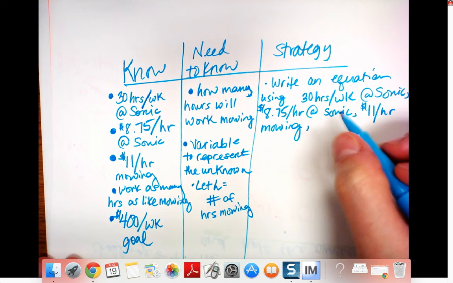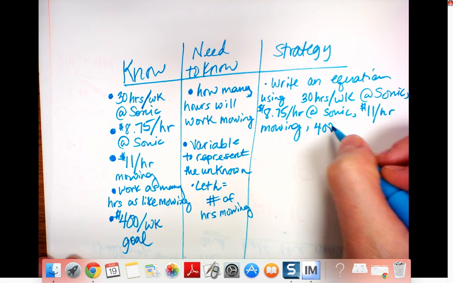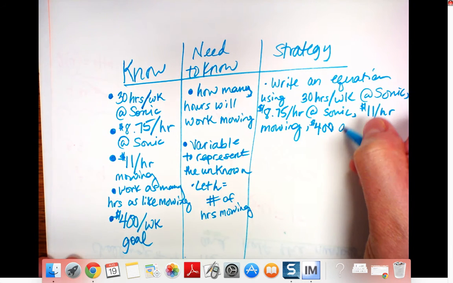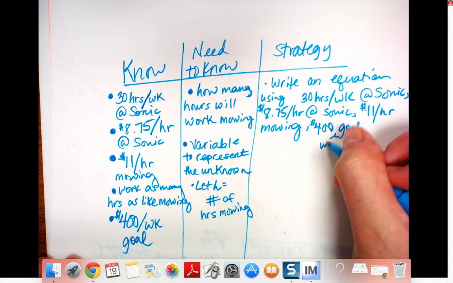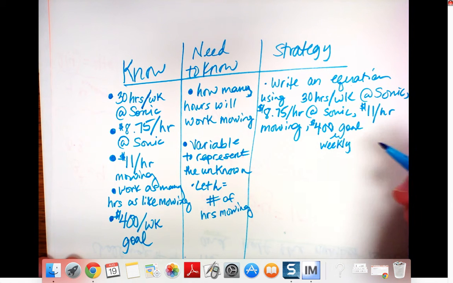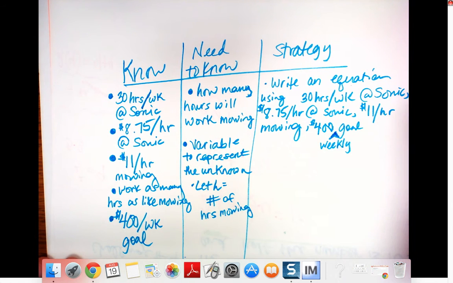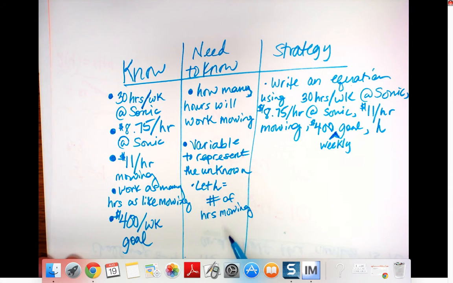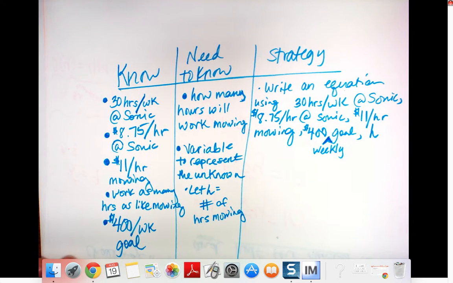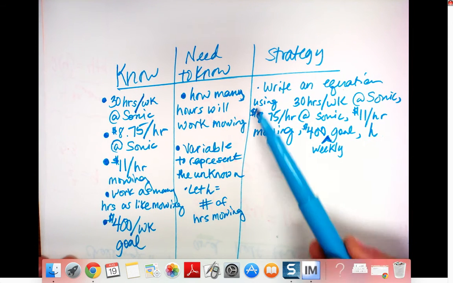We have our goal, which was $400. I should have put weekly, $400 weekly goal. And we will have our unknown, which is H. H will represent the number of hours mowing, or we can say number of hours needed to mow, however you want to say it. Okay, so we know that we're going to write an equation using these things, okay?